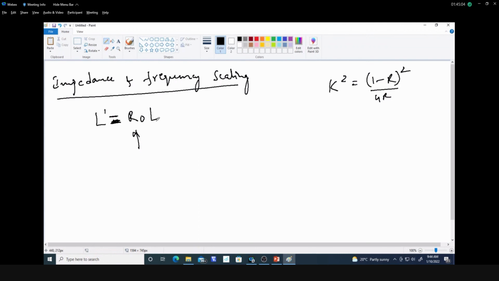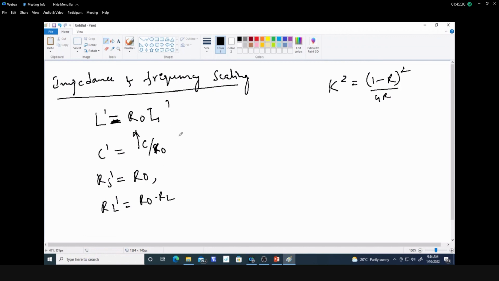So now based on the normalized values of L, if you multiply by the R0 value, we are going to get the new absolute value of L. This is L dash, and C dash we get as C by R0, and then we have RS dash, the source resistance, which is nothing but R0, and the load resistance, which is equal to R0.